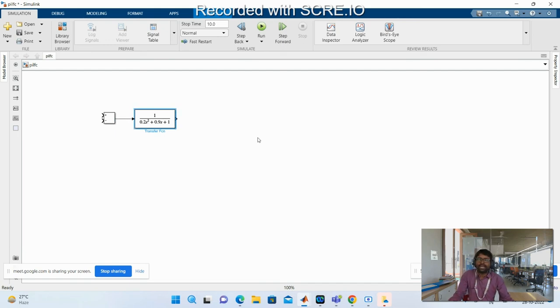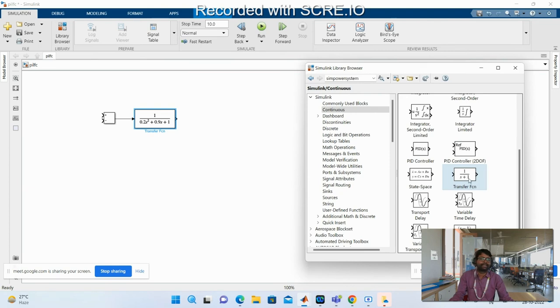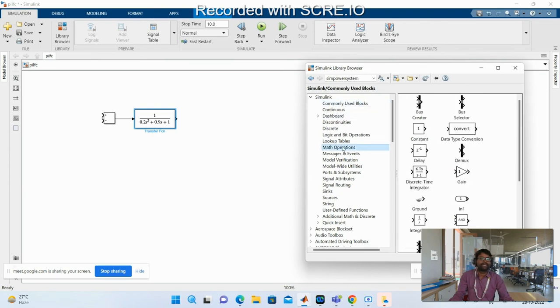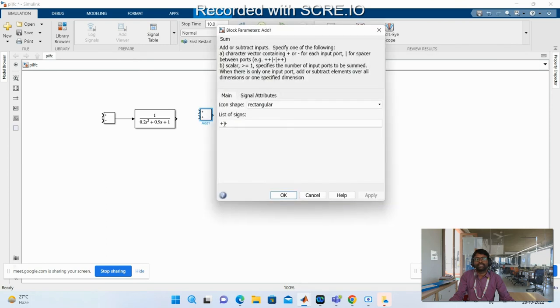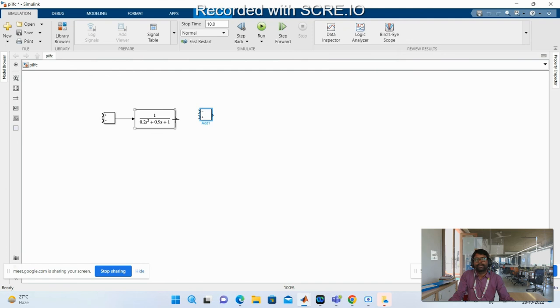Now tell me what I have to add further. Adder block. Yes, great. So simply use the adder block, and keep one minus and plus here, and connect these two. So where to go?